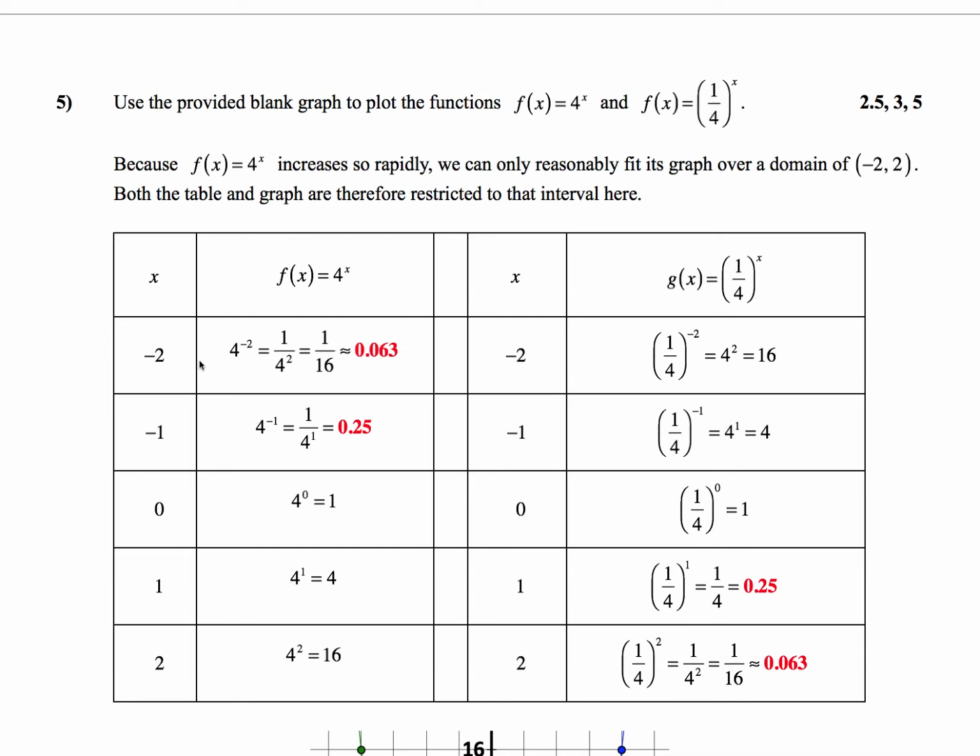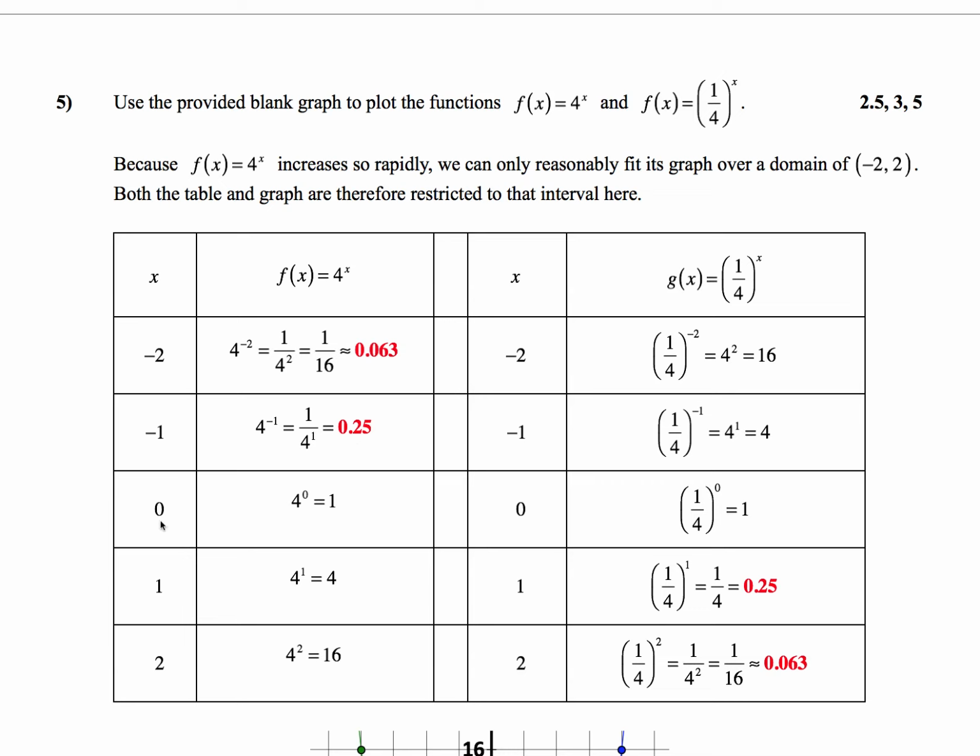And so using x is -2, we calculate that when x is -2, 4 to the x is 1/16, which is approximately 0.063.